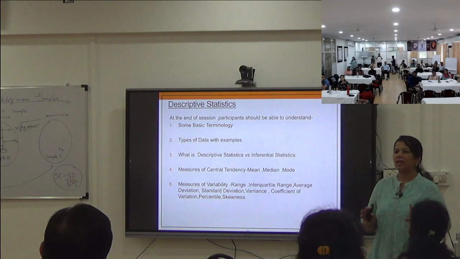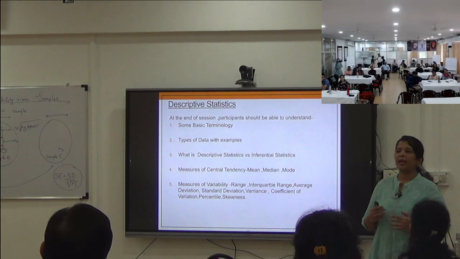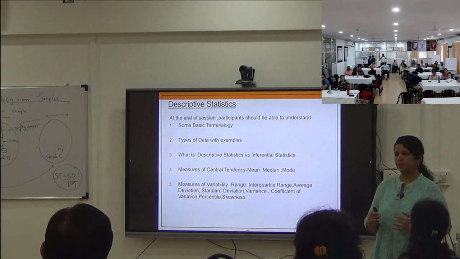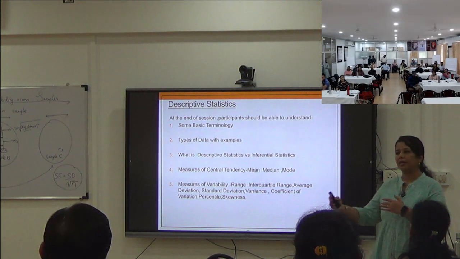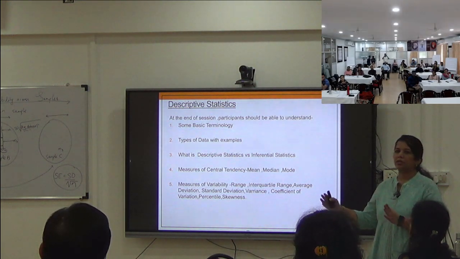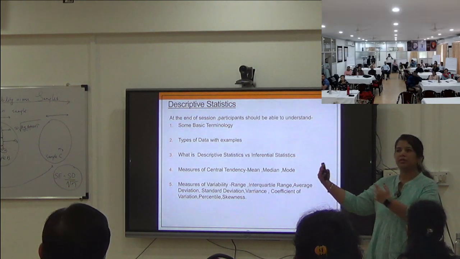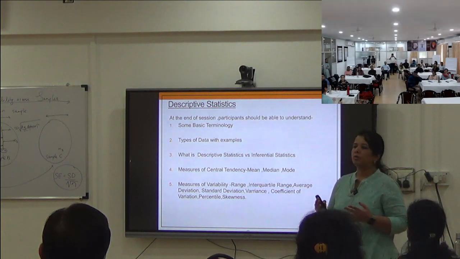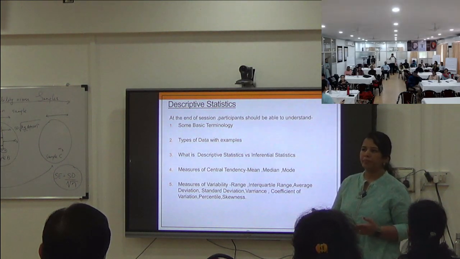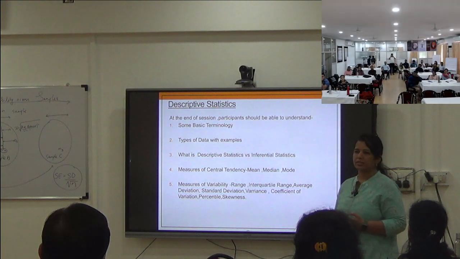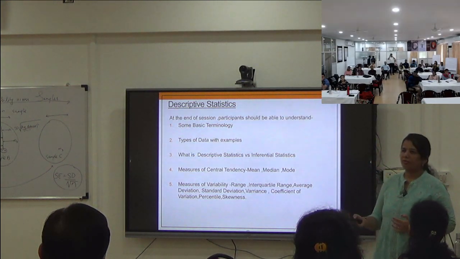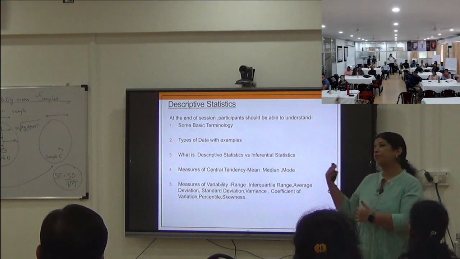Here you are just describing it, okay, you are not making any inference out of it. So when you make a final inference out of the data, okay, smoking causes lung cancer, that is inferential statistics. That is the different part which involves tests of significance, p-value, as Banerjee sir told, then alpha error, beta error, etc. So that is inferential statistics.